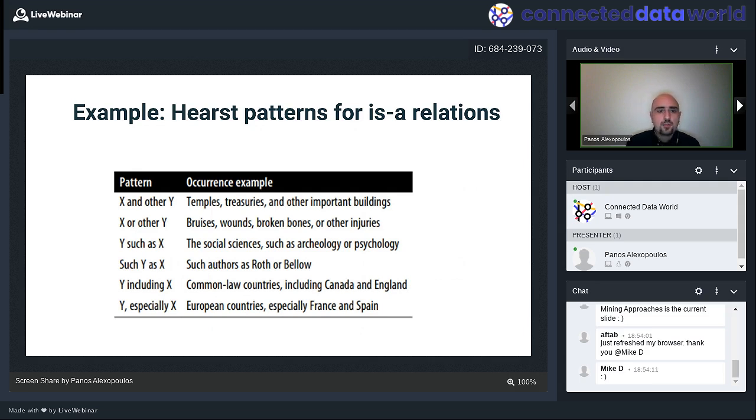Or when we have the pattern such Y as X, then in the sentence such authors as Roth or Bellow, we can deduce that Roth and Bellow are both instances of authors.